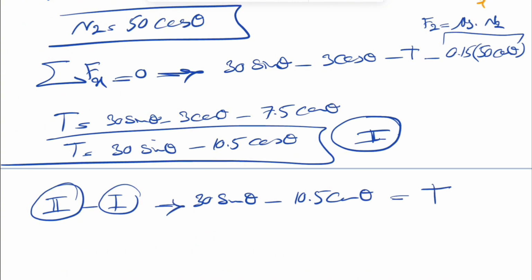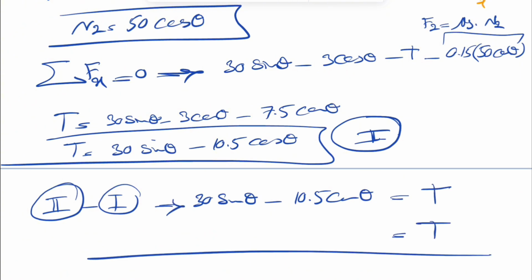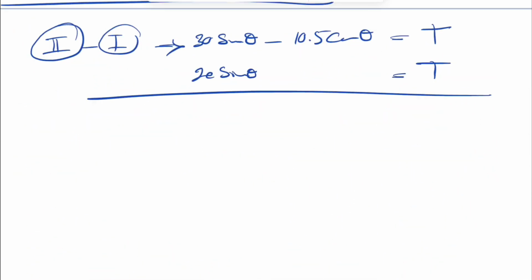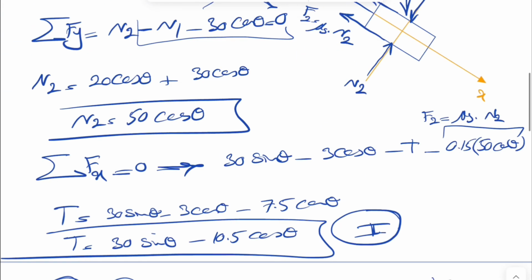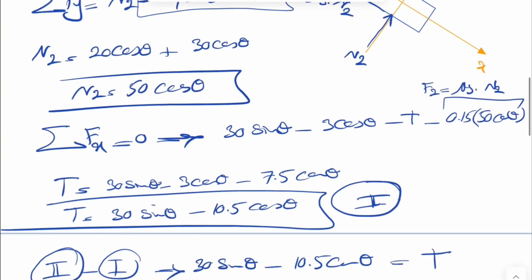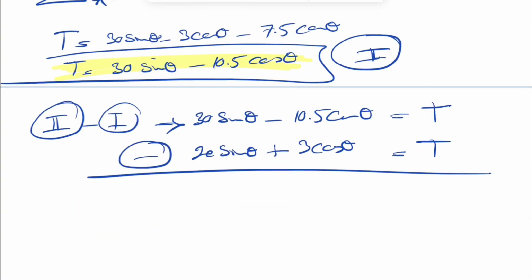That's the second equation. And this first equation, T is equal to what we found in here, 20 sine of theta plus 3 cosine of theta. So I'm just going to highlight these two. So if you subtract these two, what we're going to get on the right side is T minus T, which will be 0.